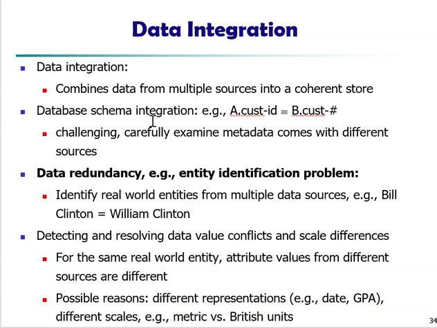For example, if you have data from different databases, then you need to integrate the database schema. In one database, customer ID could be customer ID. In another database, it is customer number. So you need to carefully examine the data dictionary that comes with the databases and try to either create a crosswalk among those attributes or come up with a more sophisticated way to convert data.